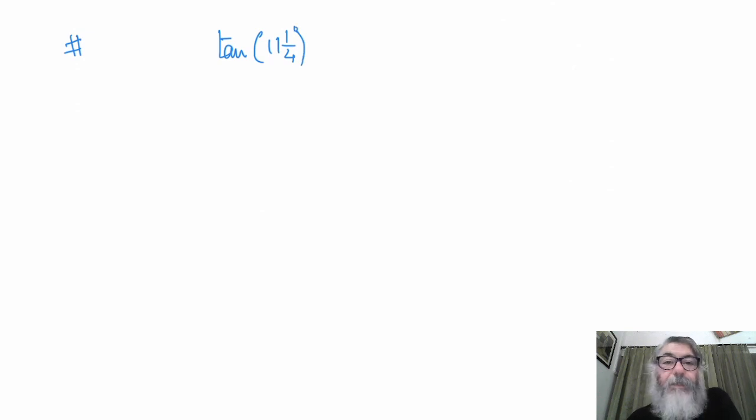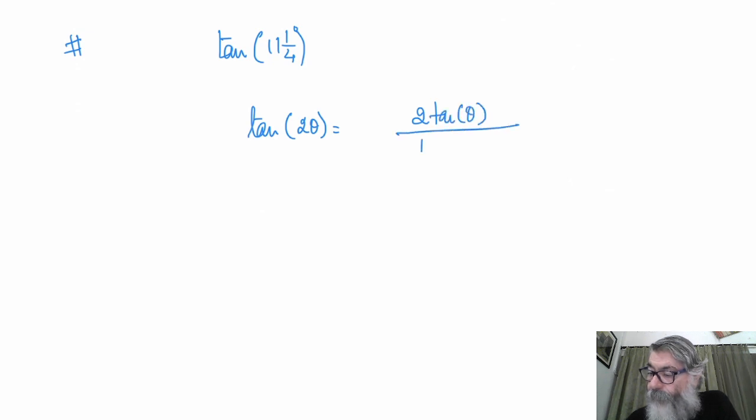We want to calculate now this. We know what is the value of tan 2 theta. It is 2 tan theta upon 1 minus tan square theta.